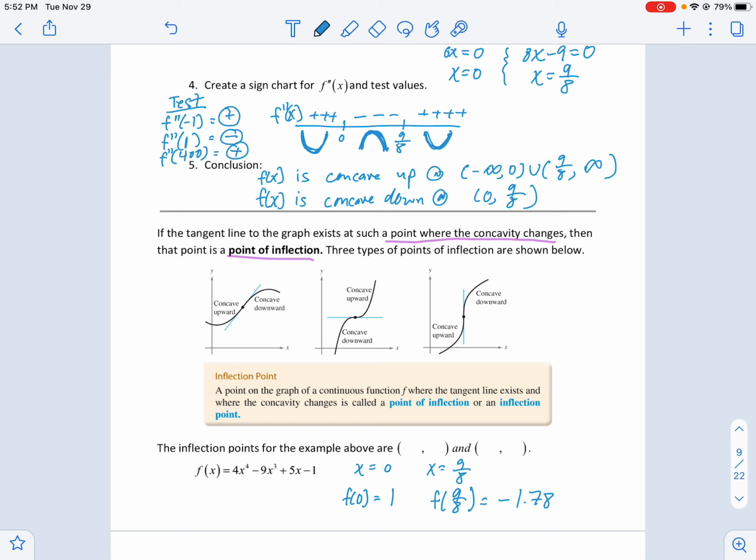So just to summarize, make sure you use f of x to find the y values of these inflection points. Okay. So our 2 inflection points are at 0, 1, and at 9/8, negative 1.78.